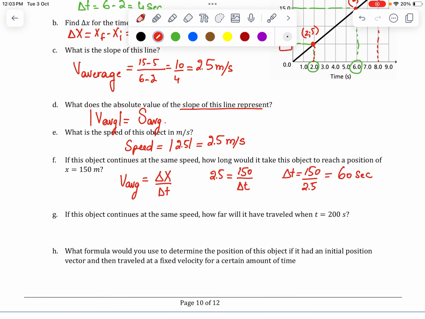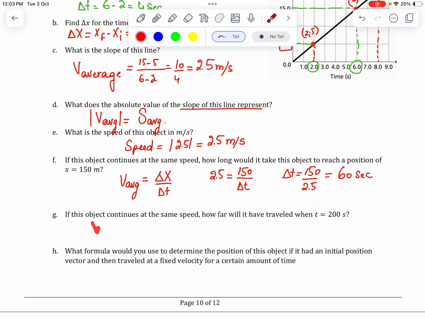The following question, if this object continues at the same speed, how far, meaning find the displacement or the distance, will it have traveled when the time equals 200?